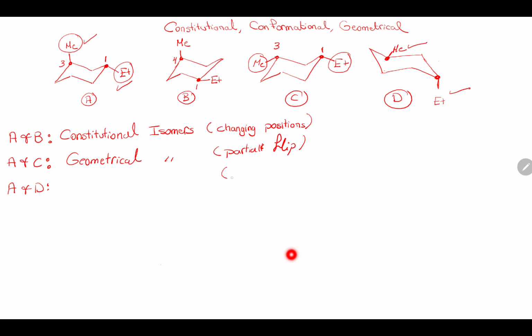So since we have a complete flip, this means that the relationship between A and D is conformational isomers. So this is the main difference between constitutional, geometrical, and conformational isomers.